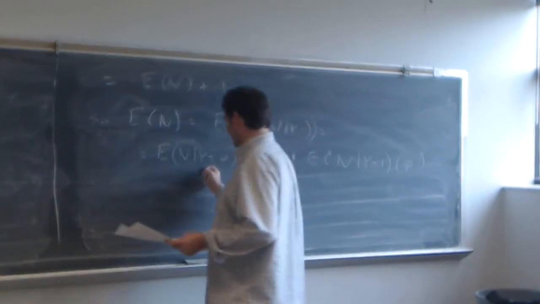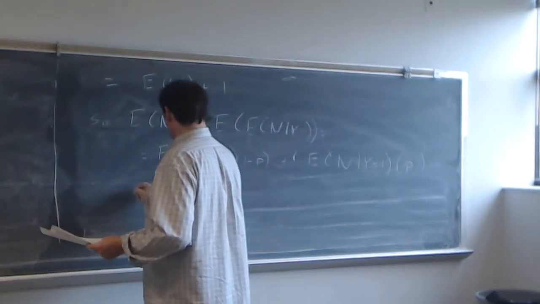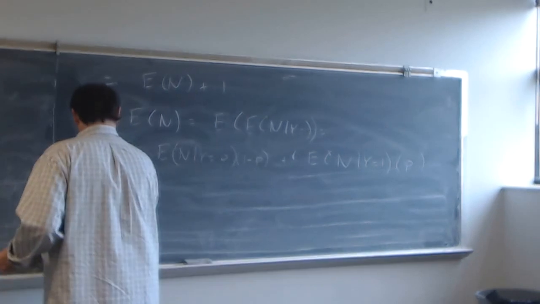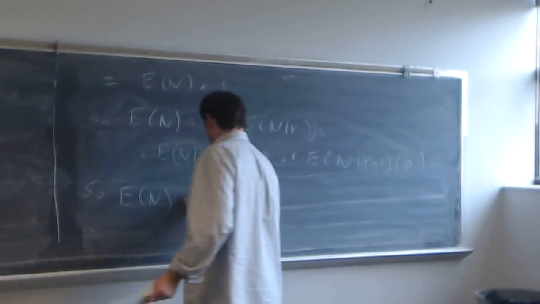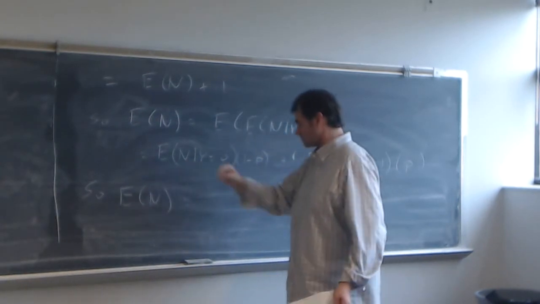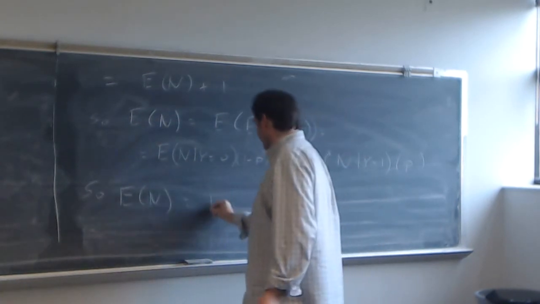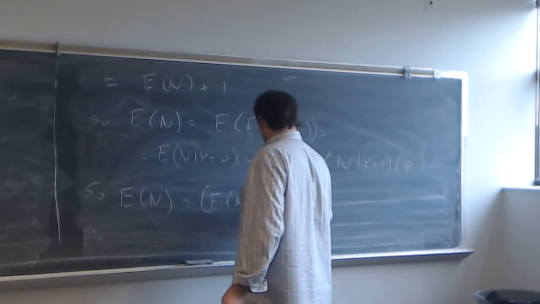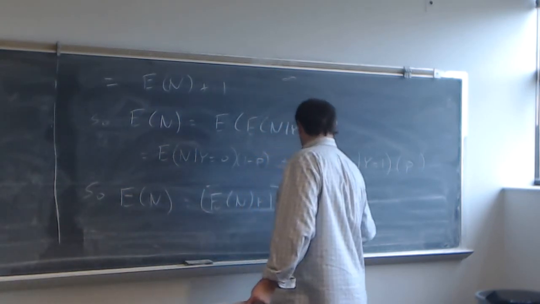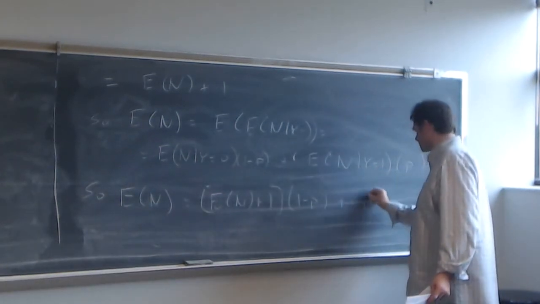We just found these values for y. So this takes some algebra. The expected value of n is equal to, well, this part we just found on the left-hand side of the board: the expected value of n plus 1 times 1 minus p. Here this was 1.